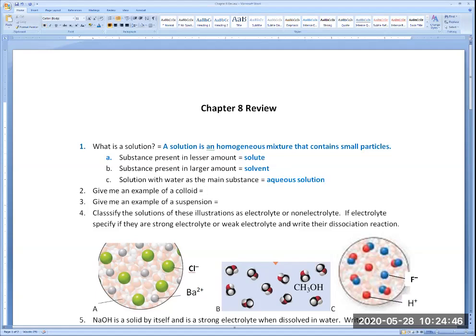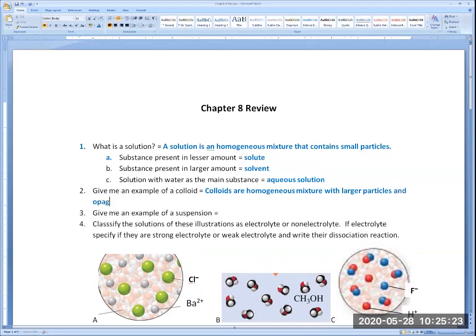So here, give me an example of a colloid. Let me tell you what a colloid is first. Colloids are homogeneous, so they are also homogeneous mixtures with larger particles than solutions, and opaque appearance.